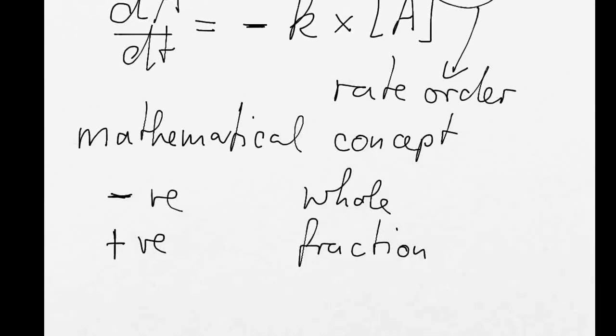So this rate order can be anything. It can be zero, as we discussed last time for a zero-order reaction. It can be plus 155.3. No problem with that.